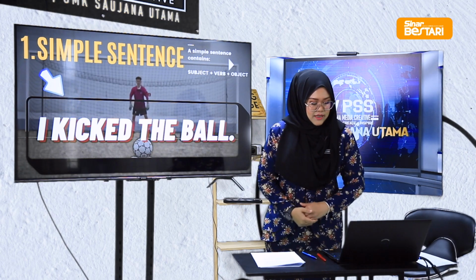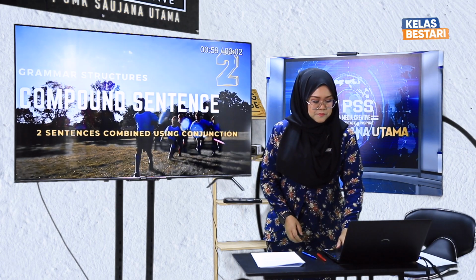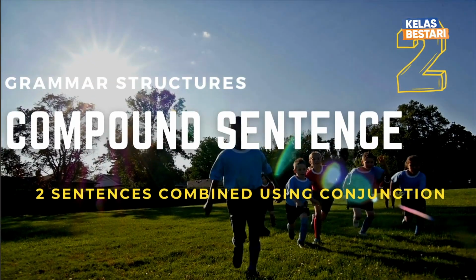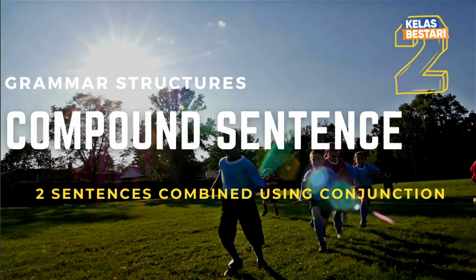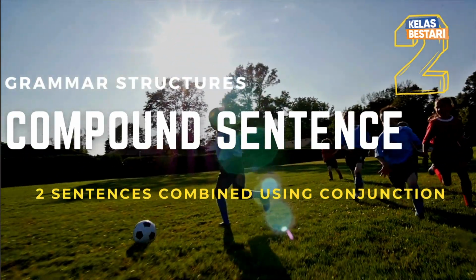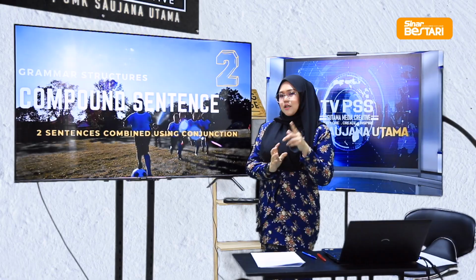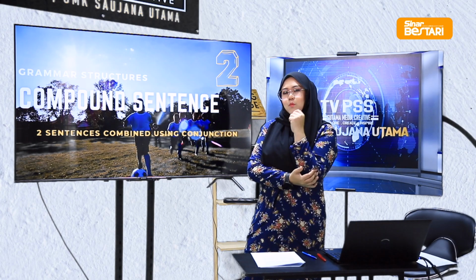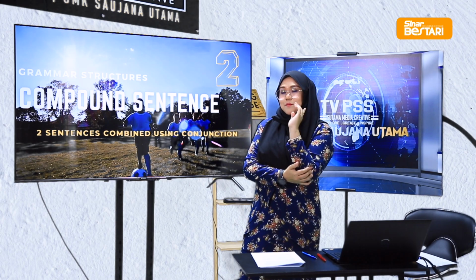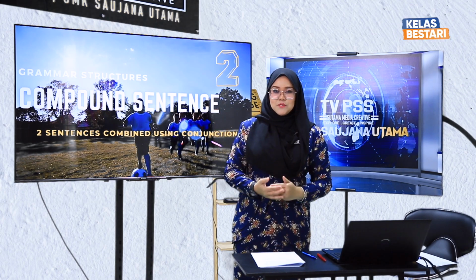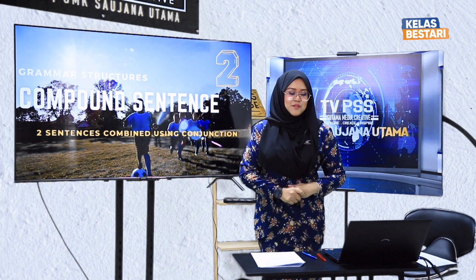Let's take a look at the next one, which is compound sentence. Compound sentence are two sentences combined using conjunctions. Some of you might be thinking, what is conjunctions? Maybe your teachers have already told you about fanboys.